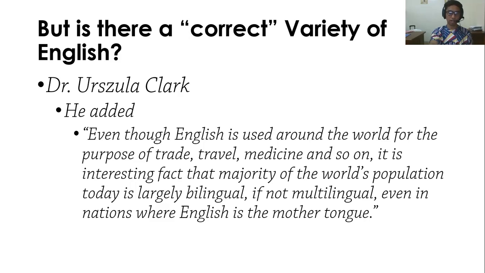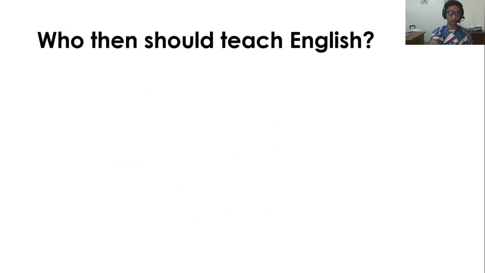The implication of this, therefore, is that we can no longer say that there is one variety of English superior to the others. What is more important is that we are able to recognize the many varieties of English, including that of the standard, and pick one variety that we are comfortable with and be understood while using it.